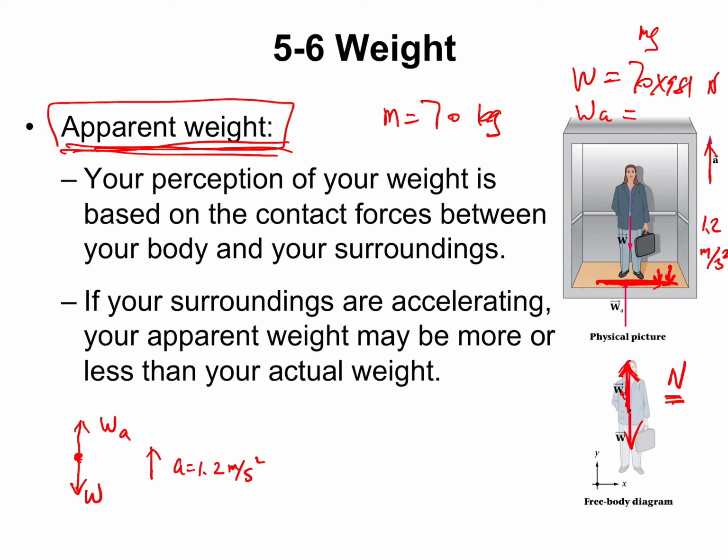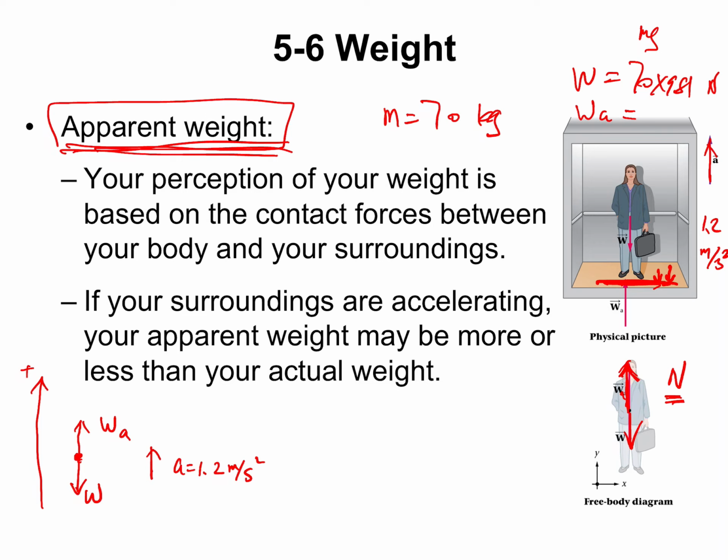Remember, we build a coordinate system along the motion direction. This is the positive direction. Why do I do this? I want the net force in the same direction as the acceleration. It's really up to you to build the coordinate system you prefer.